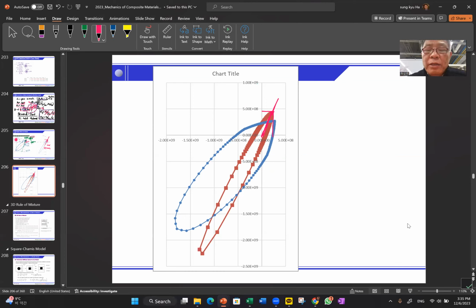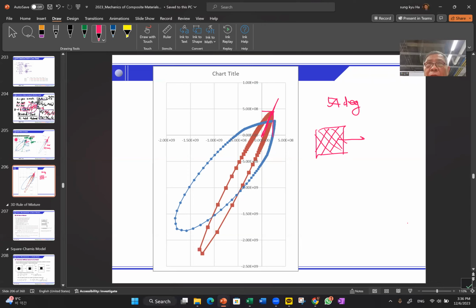Now you may wonder why 54-degree is so important. Well, in composites we have 54-degree like that, and the way we design is that the fiber has to support most of the load or all the load. So we start from backward.